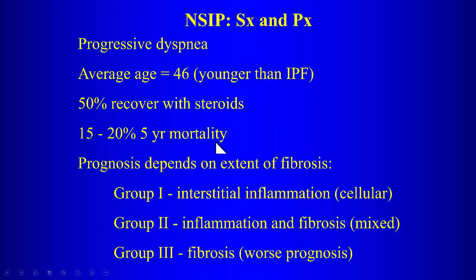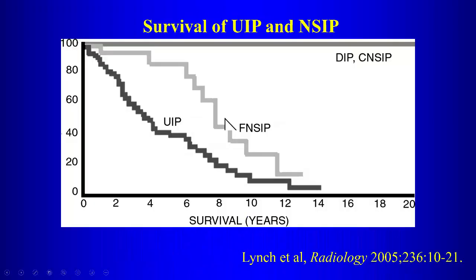The mortality is not as bad as with IPF. It can respond to treatment. The prognosis depends on the degree of fibrosis. So the more extensive fibrosis has a worse prognosis when we're dealing with NSIP. With cellular NSIP, they have a good 5-year survival. Fibrotic NSIP, not so good, but still not as bad as UIP.